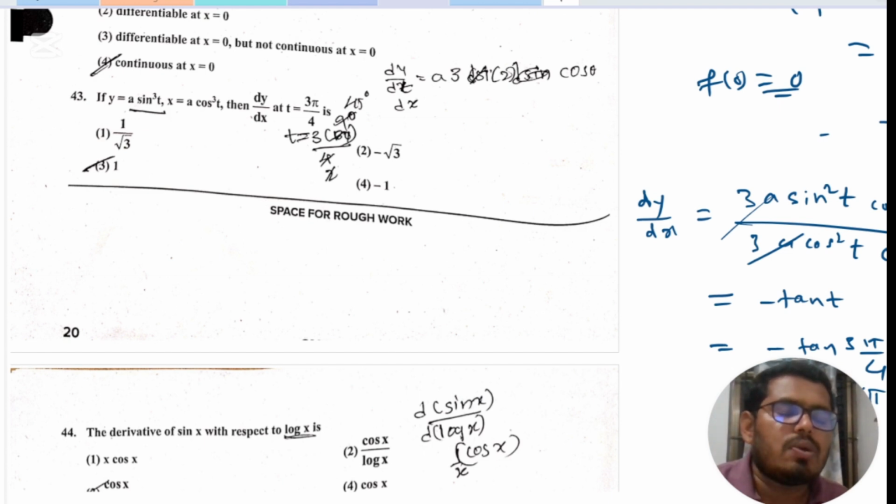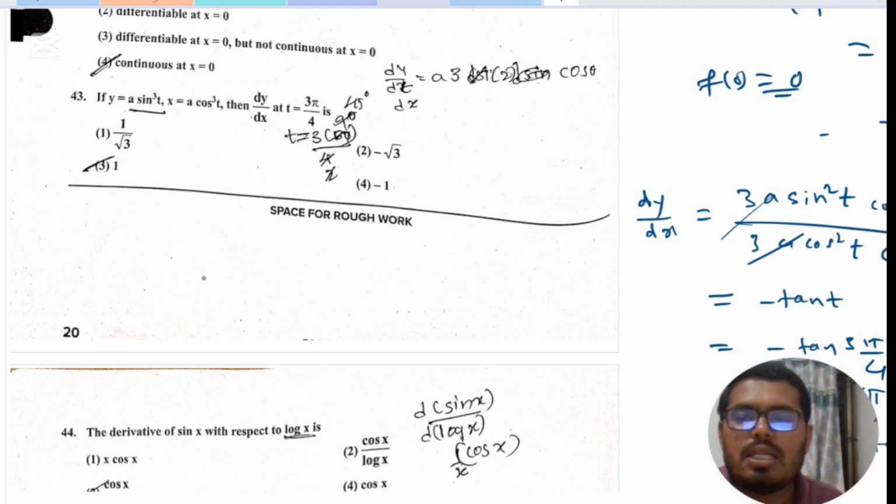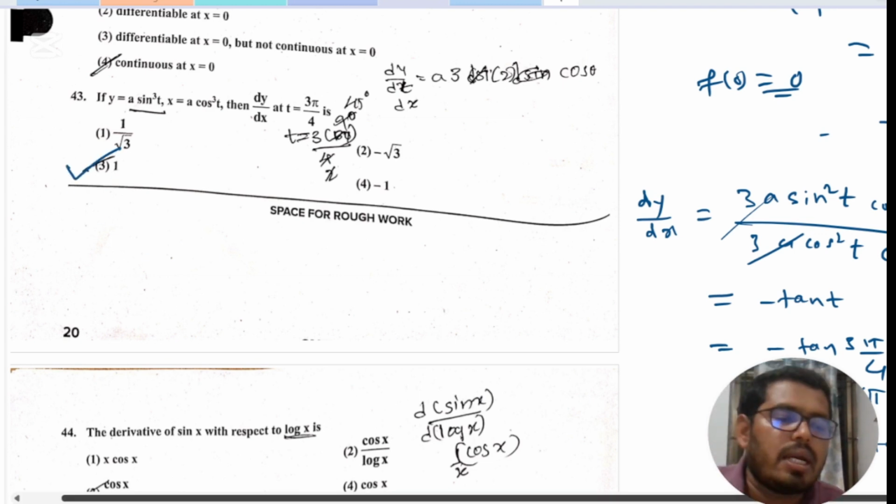Pi minus pi by 4 is 3 pi by 4, which is in the second quadrant. In the second quadrant tan is negative, so we get minus into minus tan pi by 4. Minus into minus is plus, and tan pi by 4 is 1. Therefore option number third is correct.